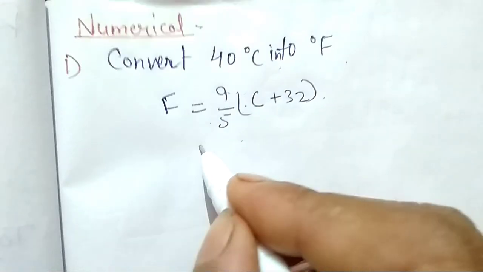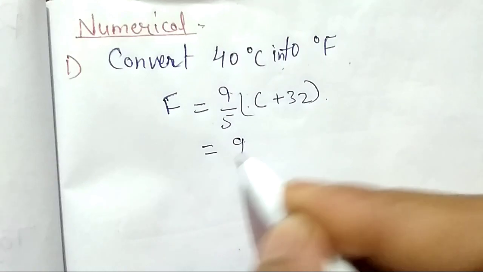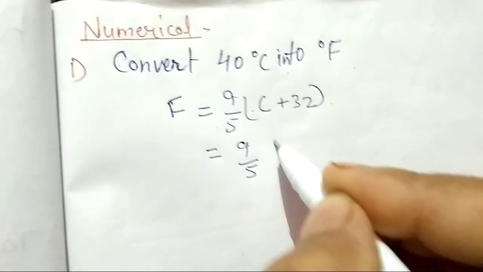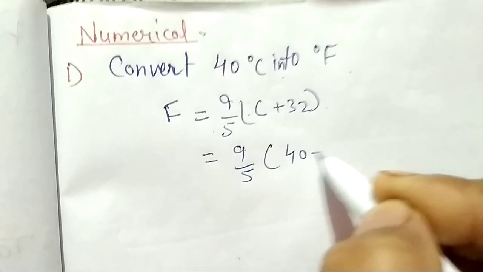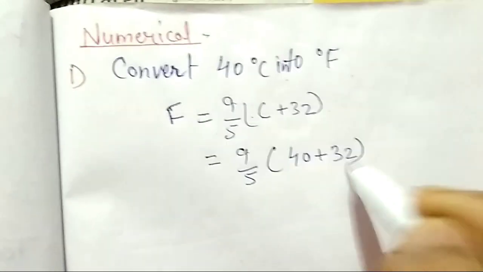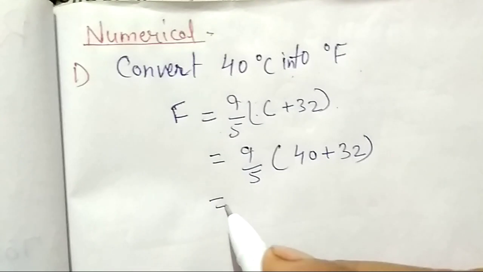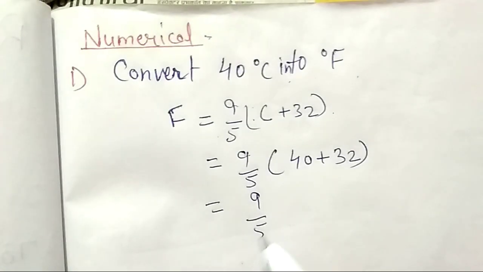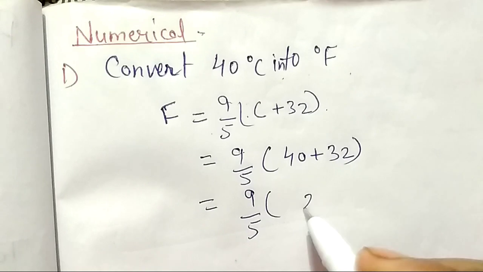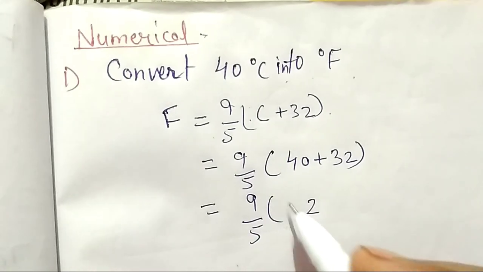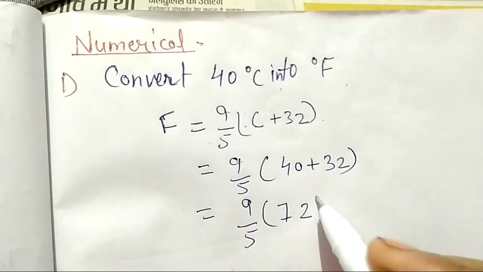Now put in values: 9 by 5, and the value of C is 40, plus 32.